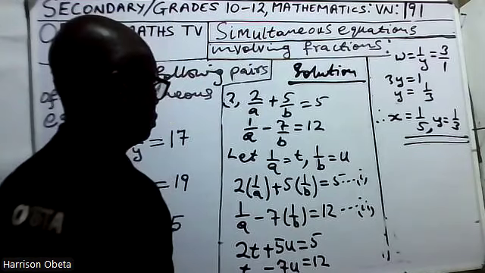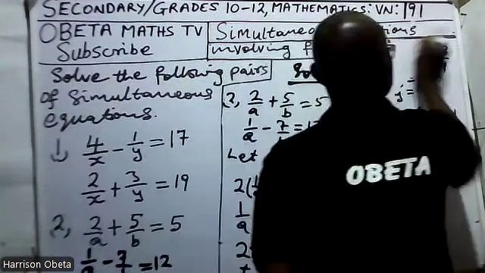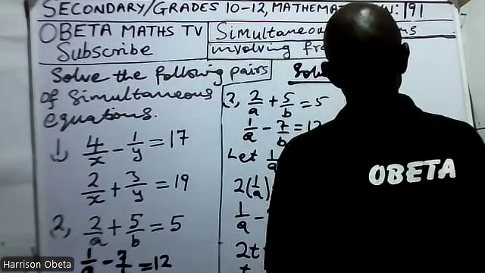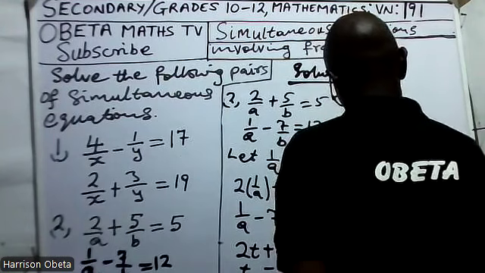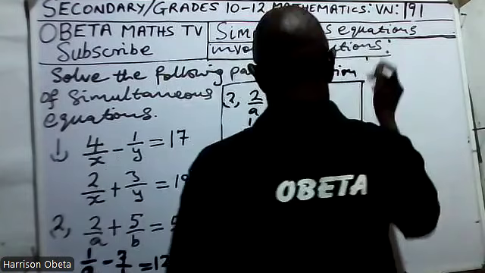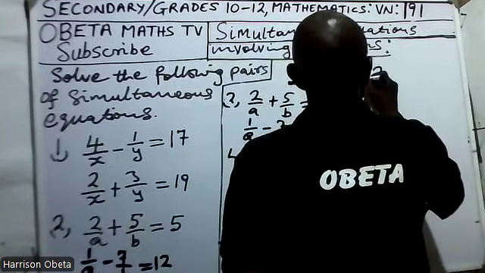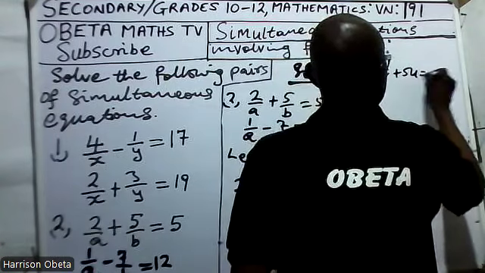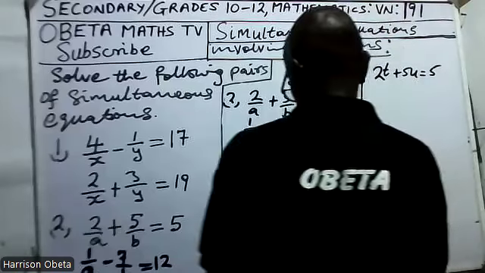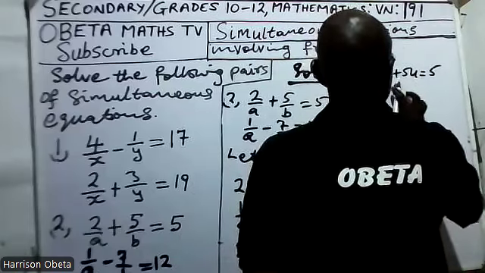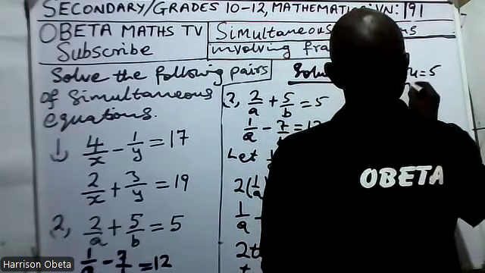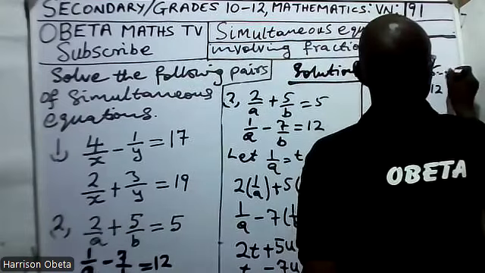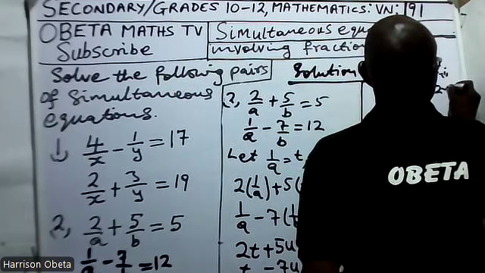Okay. So from here, we write it out and solve. We have 2t plus 5u is equal to 5. t minus 7u equal to 12.